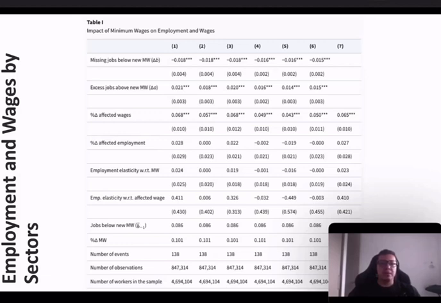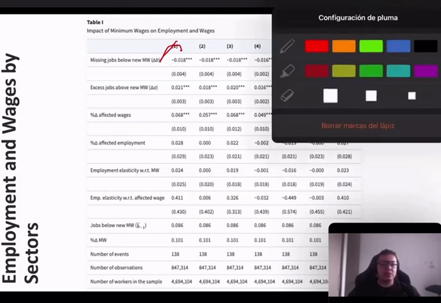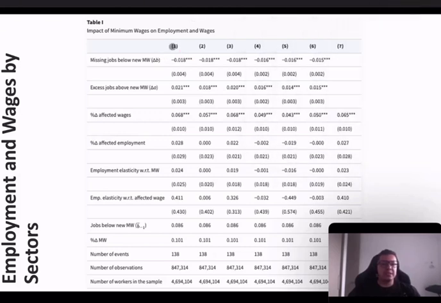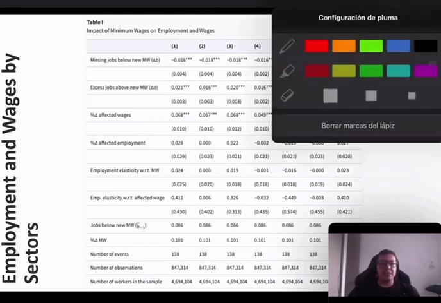Employment and wage. Column 1 shows the benchmark specification, while columns 2 to 6 explore robustness to bin state time trends and bin division period fixed effects.